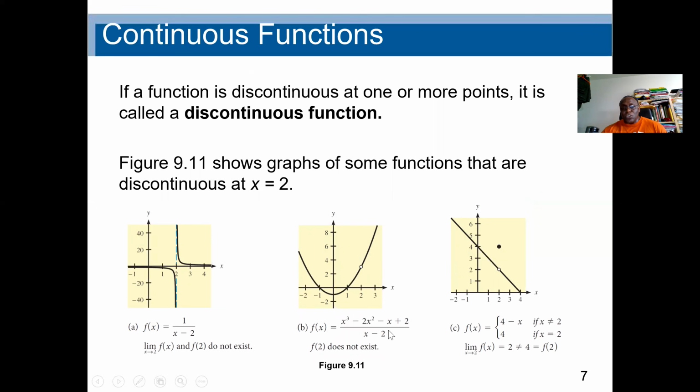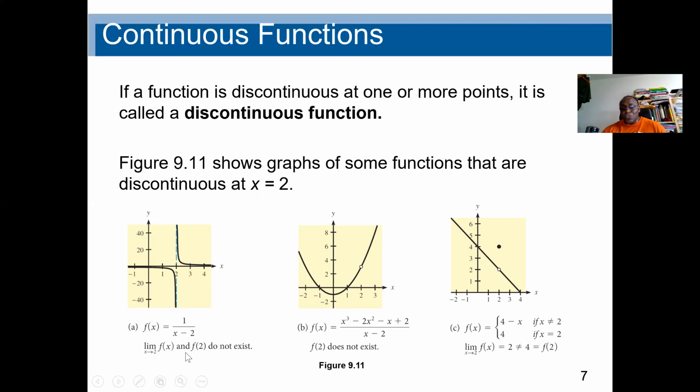Now, if a function is discontinuous at one or more points, it is called a discontinuous function. Let's see some examples. The first one: if I have f(x) equal to 1 over x minus 2, if x equals 2, the function and even the limit do not exist, because here we get a value divided by 0.